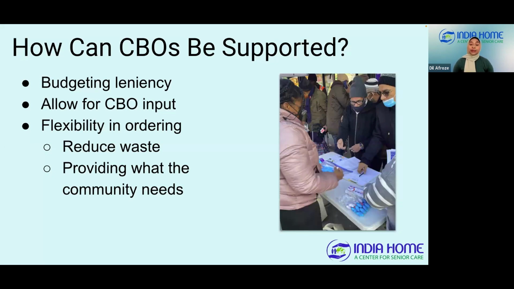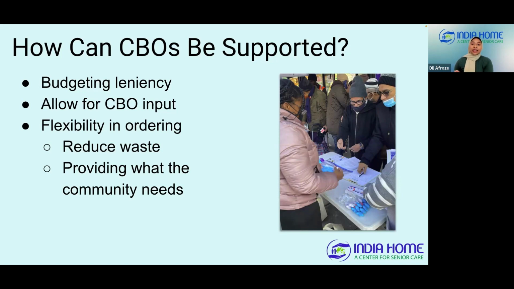Another thing is flexibility in ordering, which goes into getting the input from the CBOs. We want to be able to reduce waste. Let's say we order a bulk of items in the beginning, but because we can't make changes later on, we realize we have a lot of leftover material that community members might not want anymore.